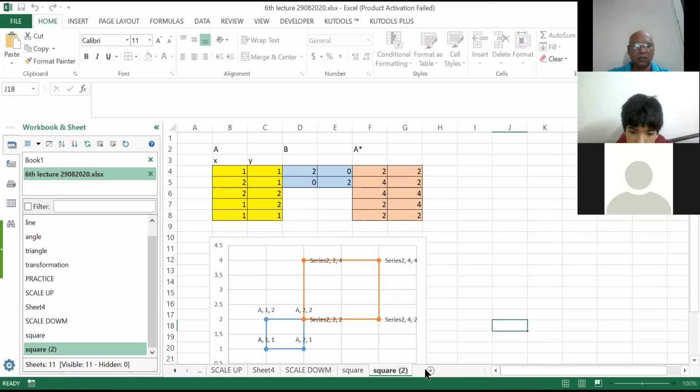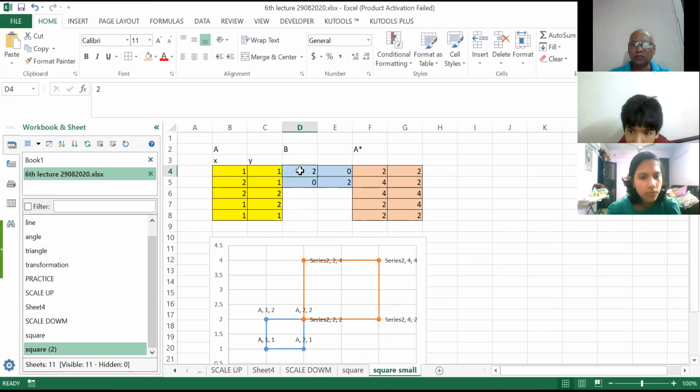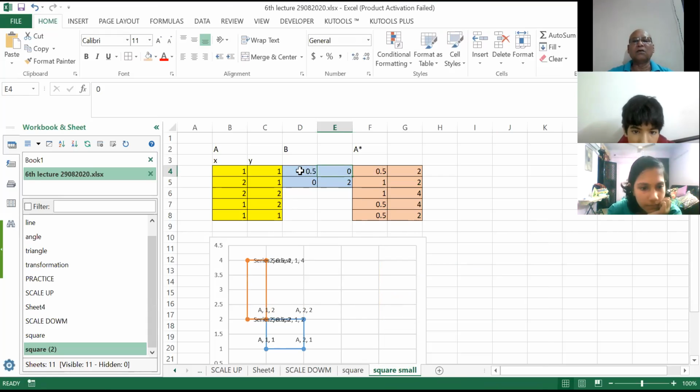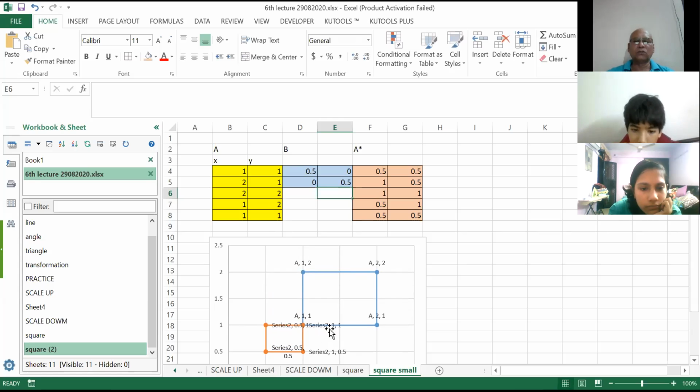We can say down, small. So here we will put again 0.5 and 0.5. So now you can see there is 4 unit and geometrically it is 1. So it is 1/4.